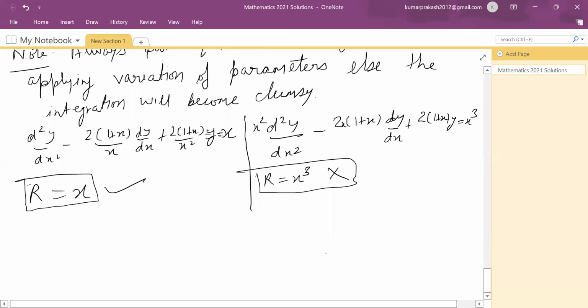Now using this fact, I know that P is equal to x, Q is equal to x e to the power 2x, R is equal to again x.